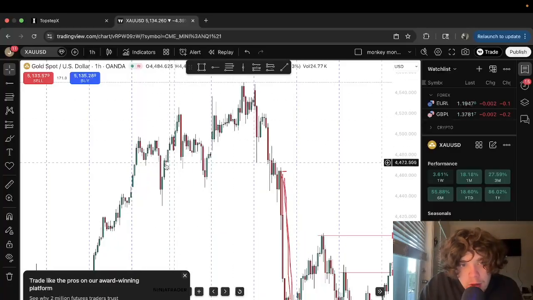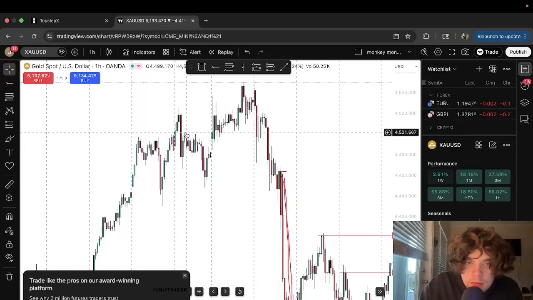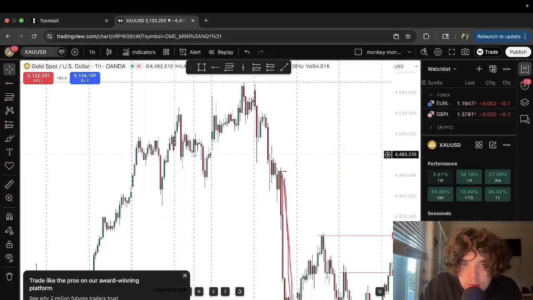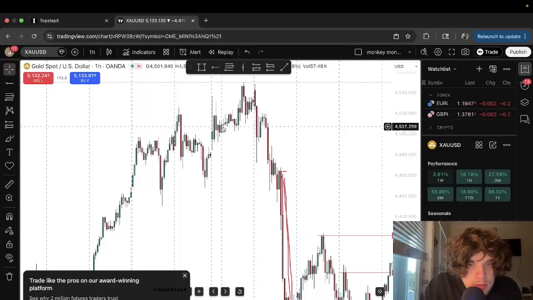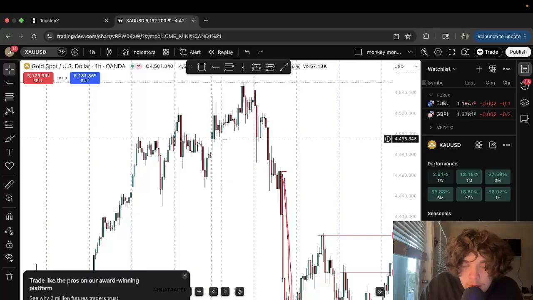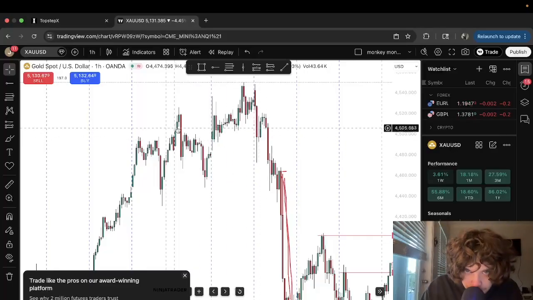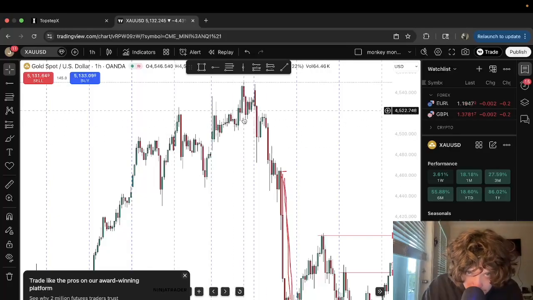Right here, you probably would have thought that this is a break of structure, but it's not. This was just a little bit of retracement. We keep going up a little bit more. We finally get the break of structure of our previous high, our previous lows, which are all right here.